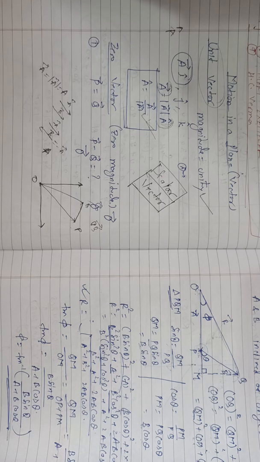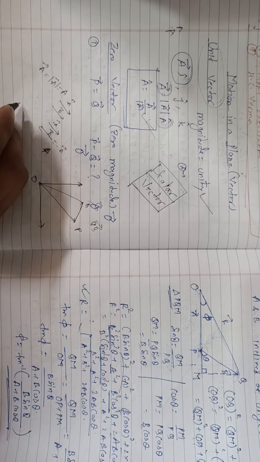Okay. After that, we have fixed vector. Fixed vectors are those vectors whose initial point is fixed. What is a free vector? A vector whose initial point is not fixed is called a free vector, or we can say non-localized vector. After that, collinear vectors. Two or more vectors are said to be collinear if they act along the same line or along the same parallel lines.